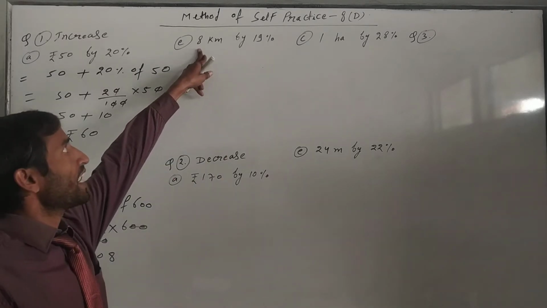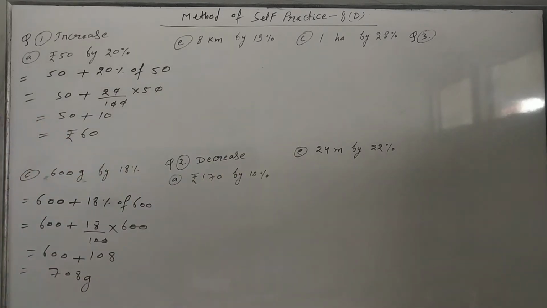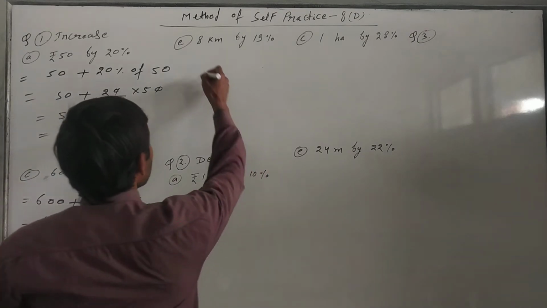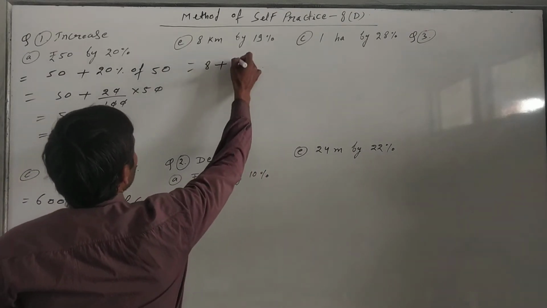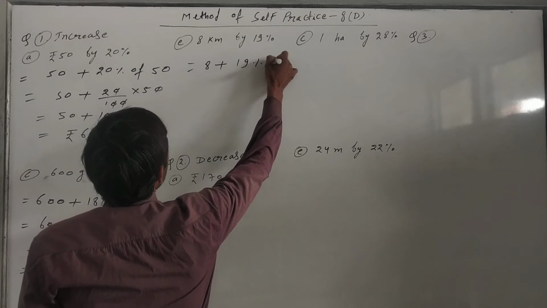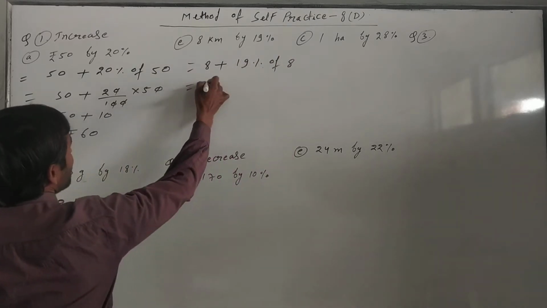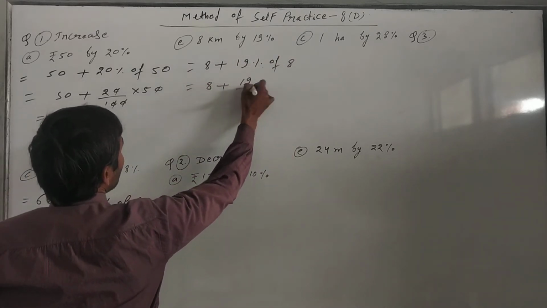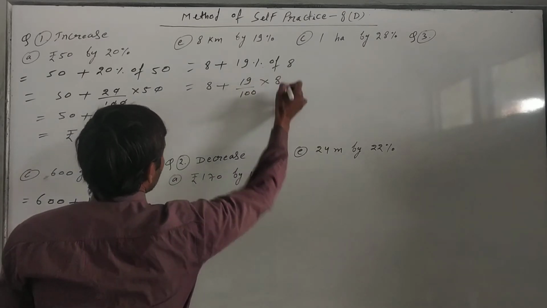Now the third part: 8 kilometer, we have to increase by 19%. So we will do 8 plus 19% of 8, which is 8 plus 19 upon 100 into 8.